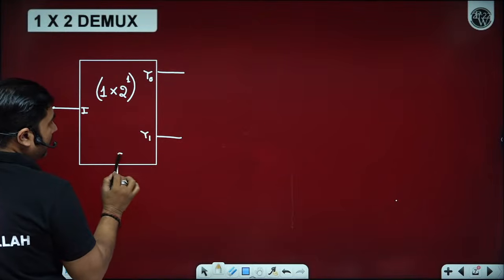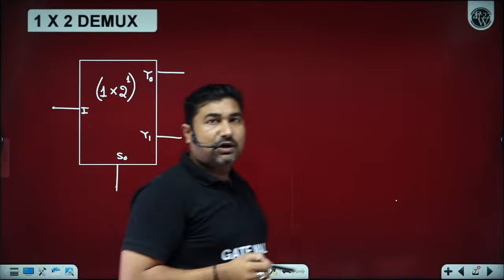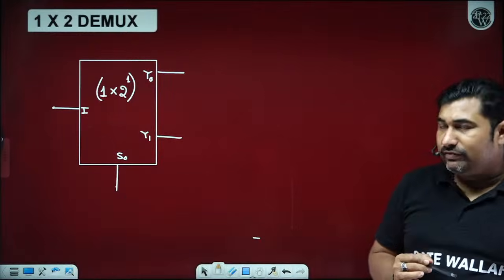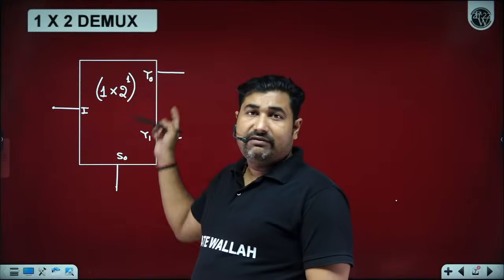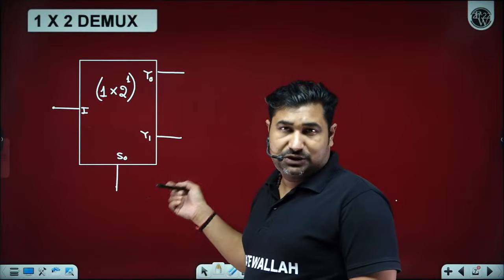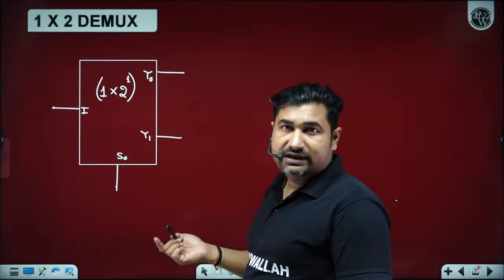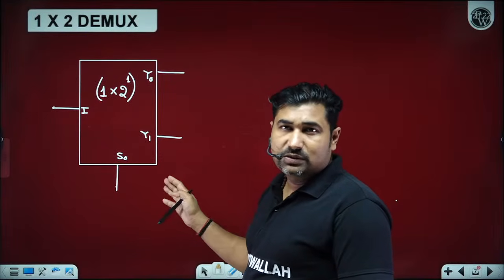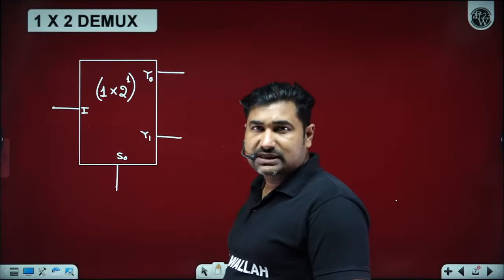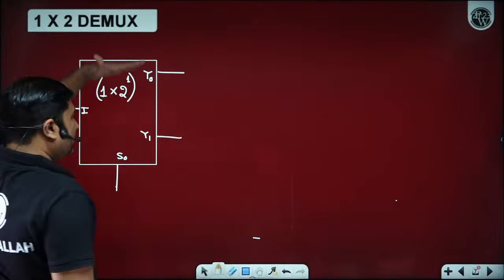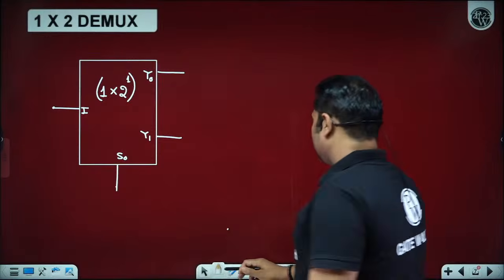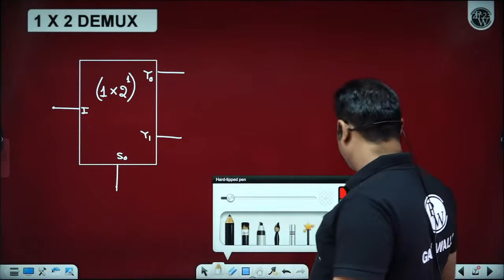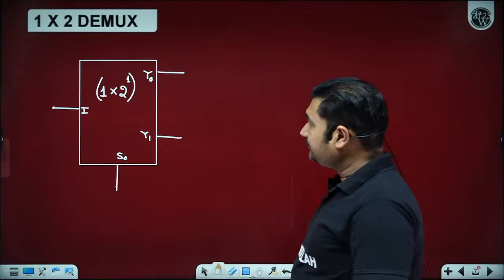By default, output lines are top to bottom, LSB to MSB. However, in case the internal box shows y0, y1 differently, we have to follow that. Is it okay? Because only the designer knows which one is the LSB pin and which one is the MSB pin. By default, top to bottom, LSB to MSB. In case it is not given, you have to consider top to bottom, LSB to MSB. Is it okay? Great, sir.